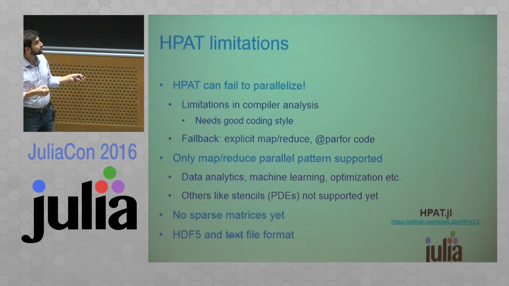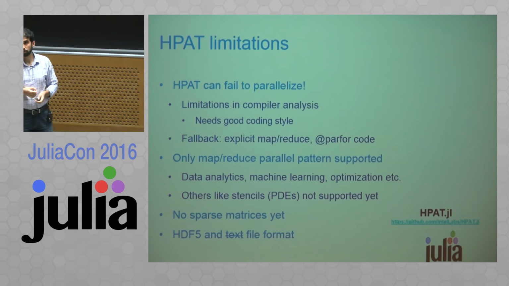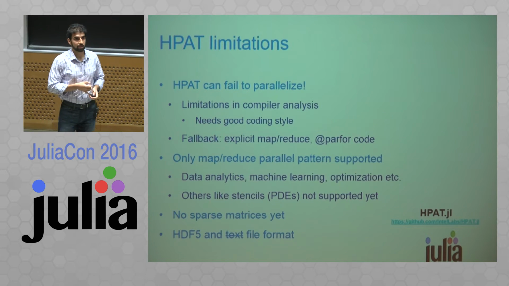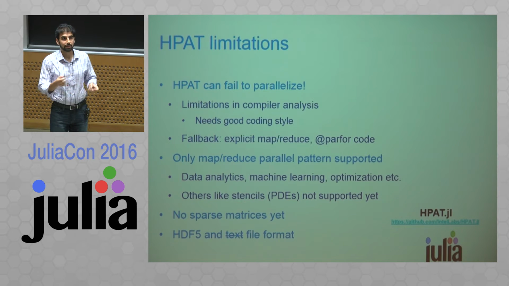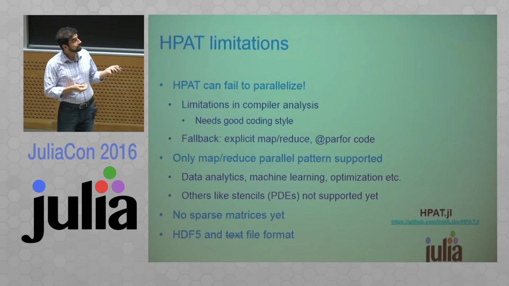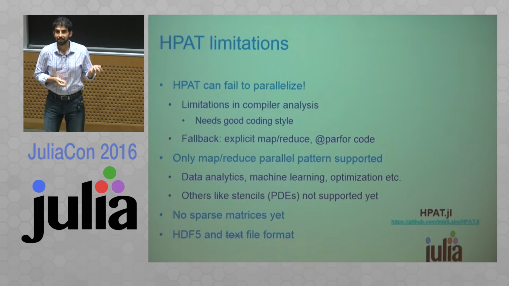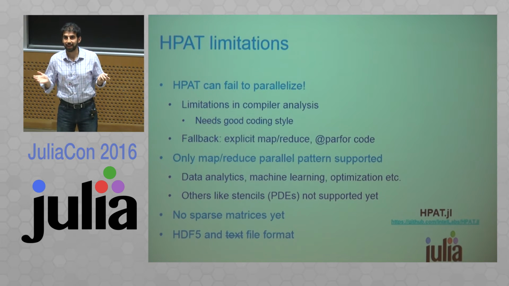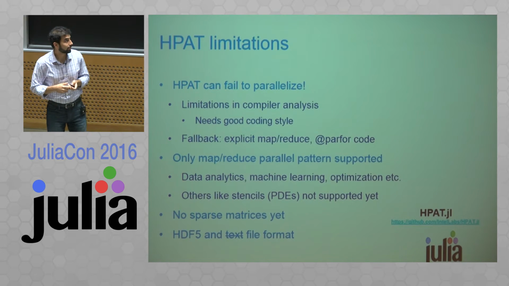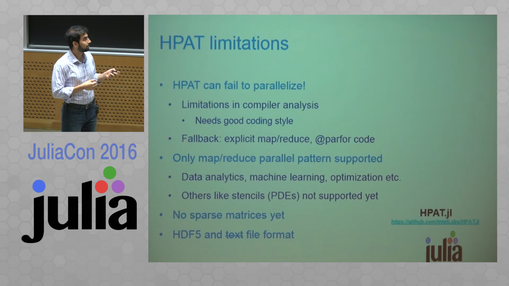Right now, we are mostly working with the HDF5 format for files, but we are thinking about adding other formats like netCDF or TileDB or other things. We have some support for text files, but it's buggy. Using text files has a lot of downsides anyway, so not using them is best.